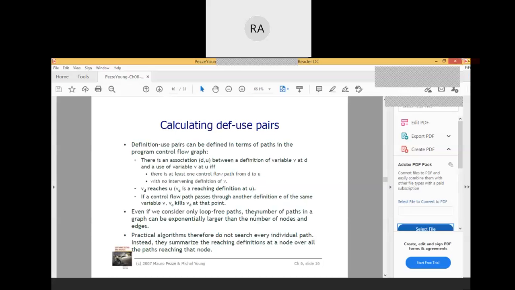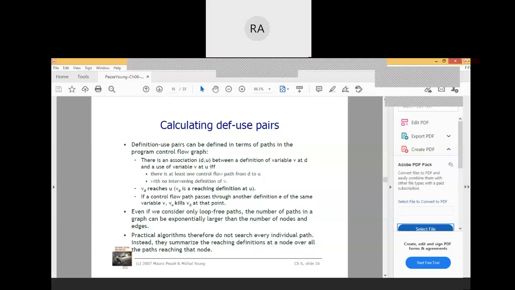First and foremost, we have to calculate the definition use space, and we can define it in terms of paths in the control flow graph. How can I associate a D, U pair, that is a definition, use pair? When can I say there is an association existing between the pair?